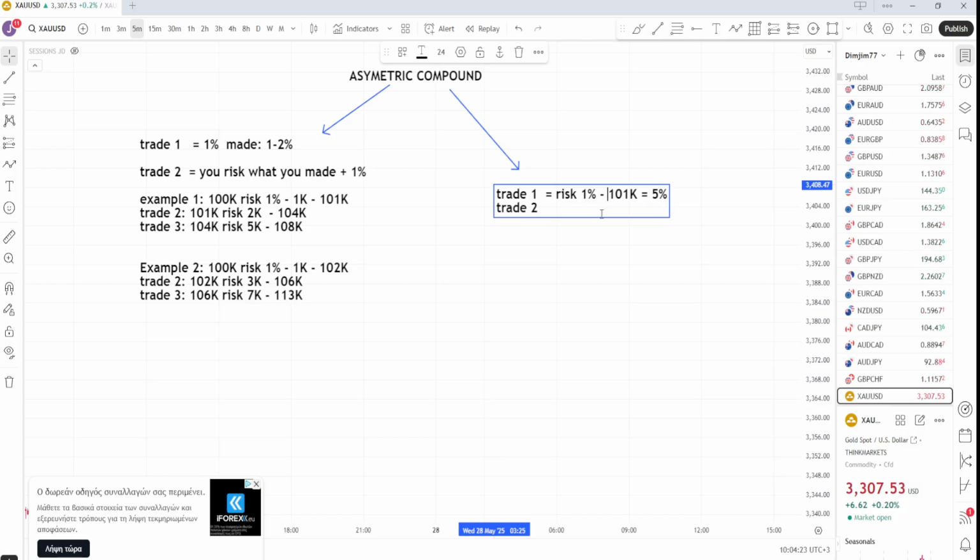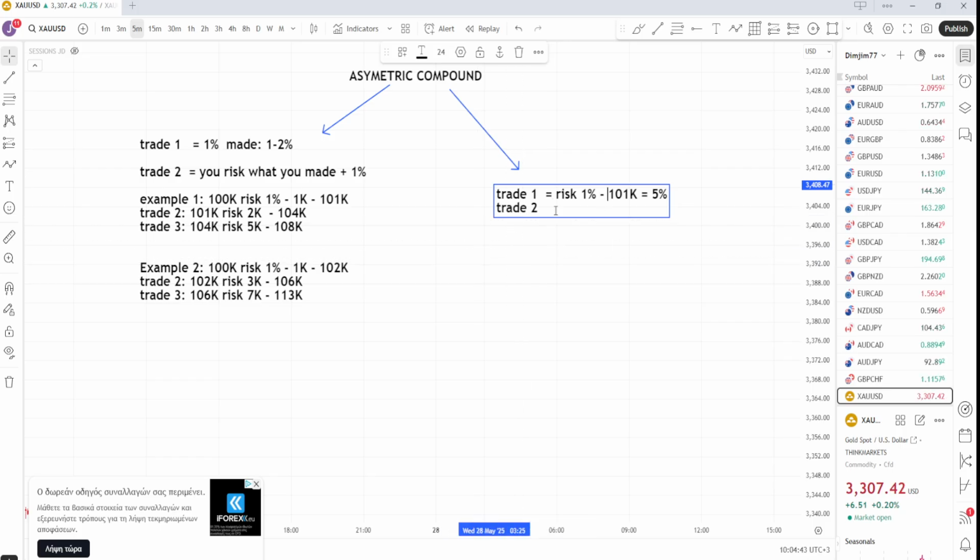Most people try to go all in within a few trades. But using asymmetric compound and mitigating your risk, you can have crazy exponential growth and also protect your downside.